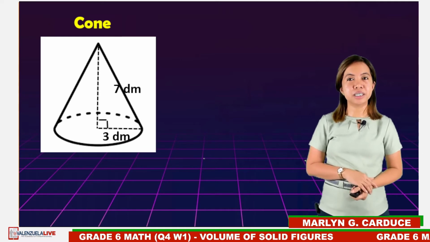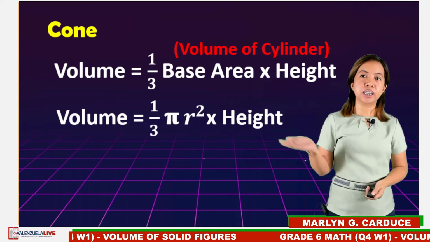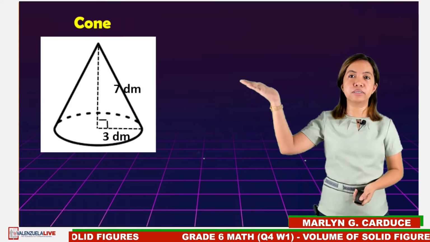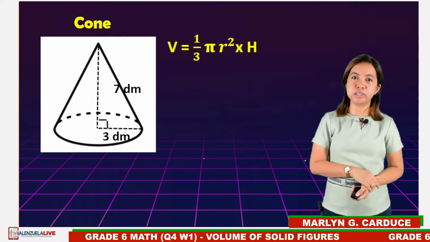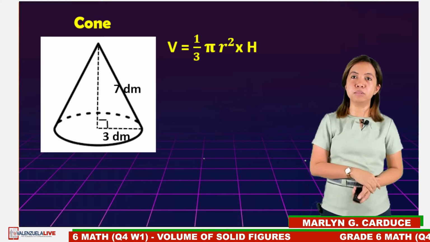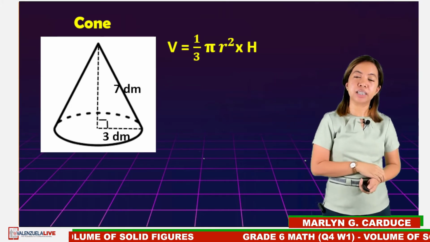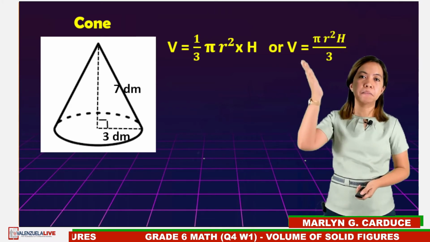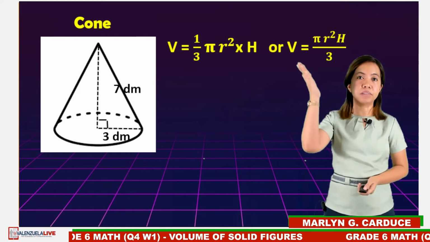Okay, so let's apply the formula that we get to our solid figure. So using the formula in finding the volume of a cone, which is 1/3 times pi times r squared times height, or we can write it as pi times r squared times height divided by 3.